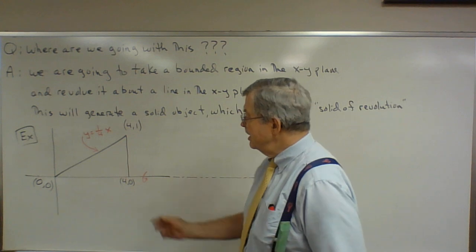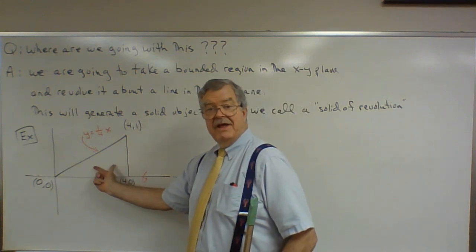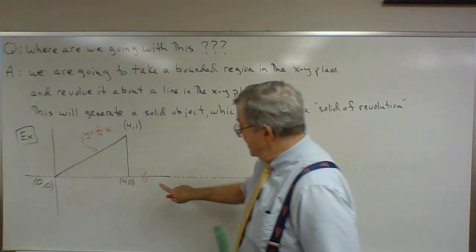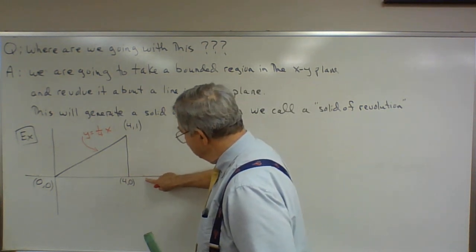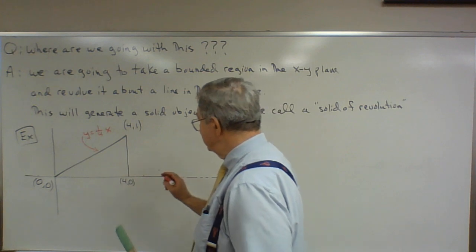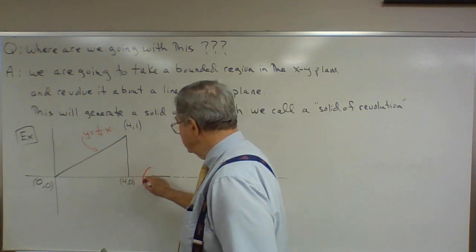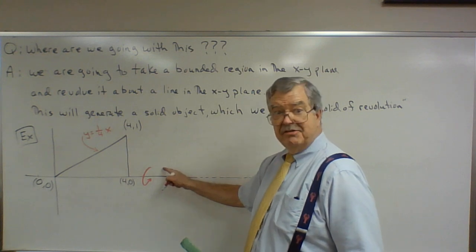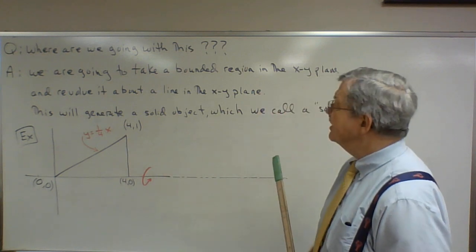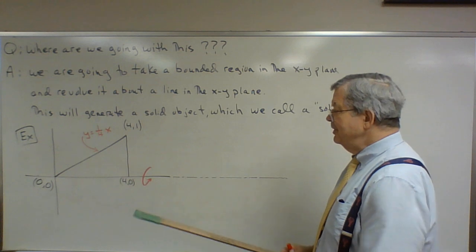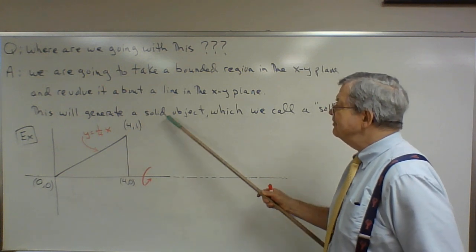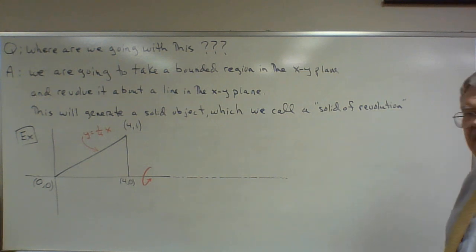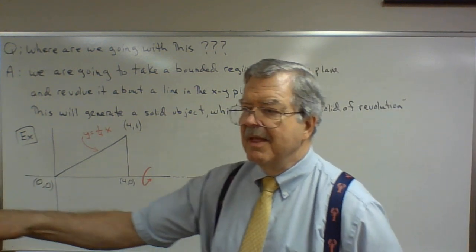For example, here we have a rectangle. It's a bounded region in the xy plane. And let me draw this a lot bigger. Let me exaggerate. We're going to revolve it about the x-axis in this case. And by doing this, we're going to generate a solid object, which we call a solid of revolution.